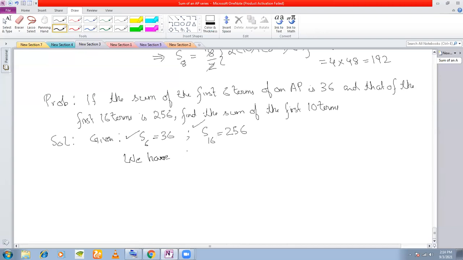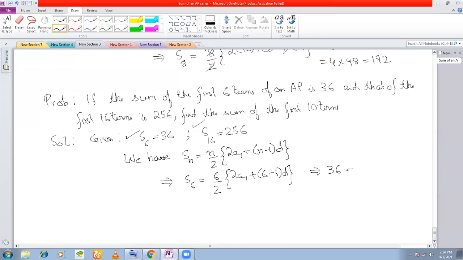First, write down the formula. Sn is equal to n by 2 into twice A1 plus n minus 1 into D. Put n is equal to 6. You get S6 is equal to 6 by 2 into twice A1 plus 6 minus 1 into D. Now what is the value of S6 given? 36.